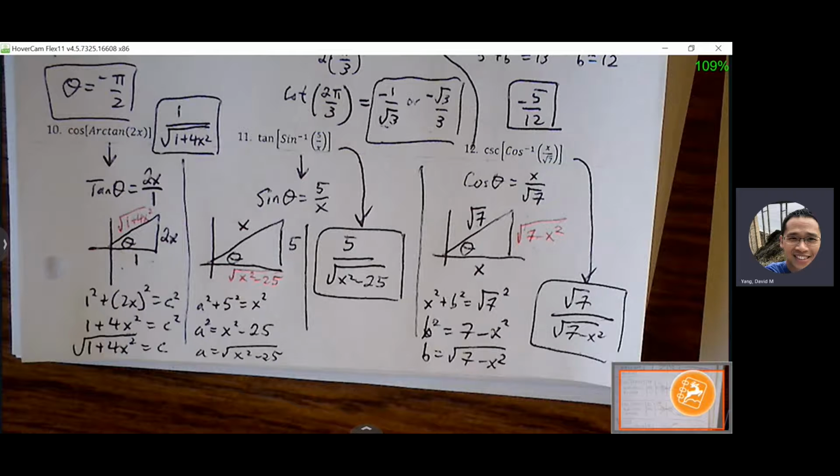Okay, put a star next to 14 and 17. Those are the ones that inverse cosine with negative ratio is the tricky ones.